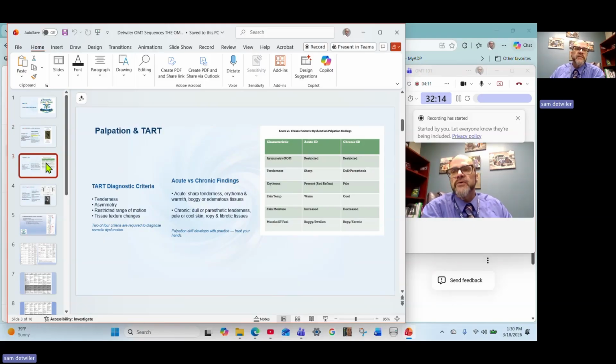So when you're looking at the palpation skills, you're going to find acute and chronic changes when you're palpating. The chart here describes the difference. Acute changes tend to be sharp tenderness, erythema, warmth, bogginess, edematous, swollen tissues.